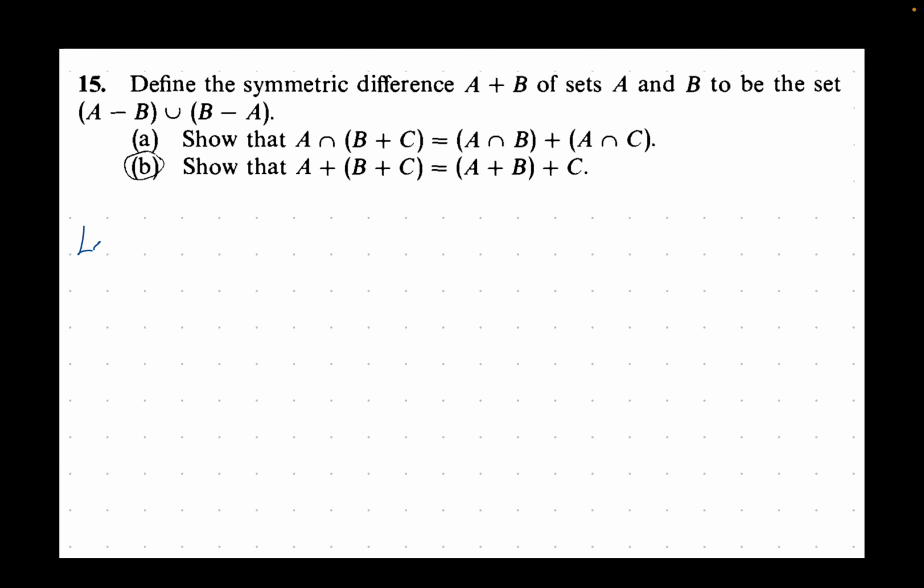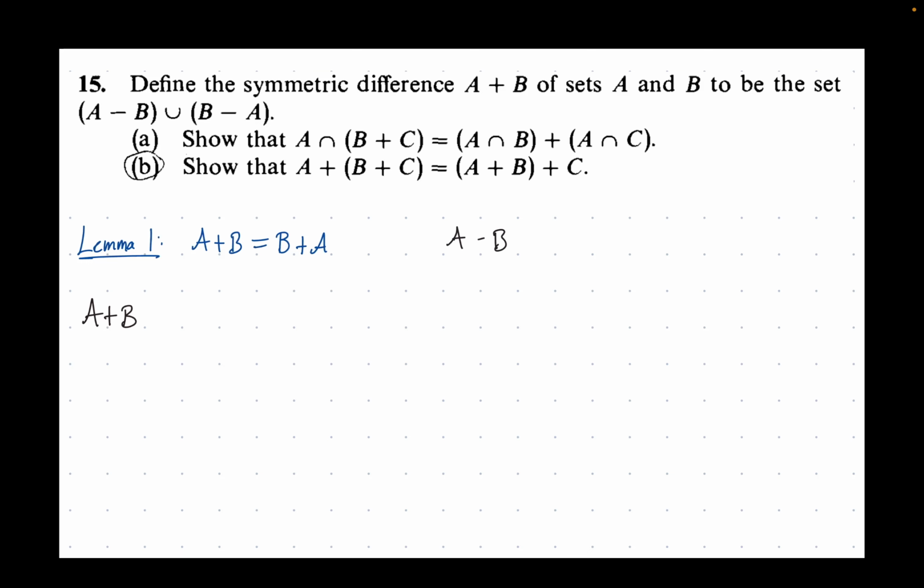Right, so the first lemma is going to be that A plus B is equal to B plus A. And this might seem obvious, but it's good to show because sometimes this is not always the case. It's not always symmetric. It's not always commutative.